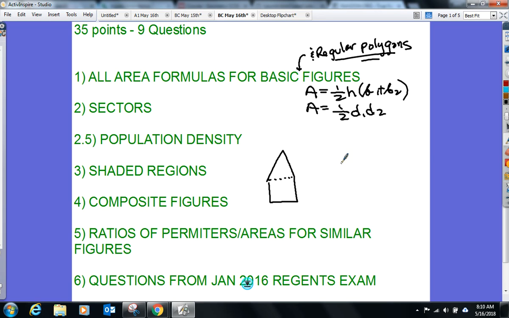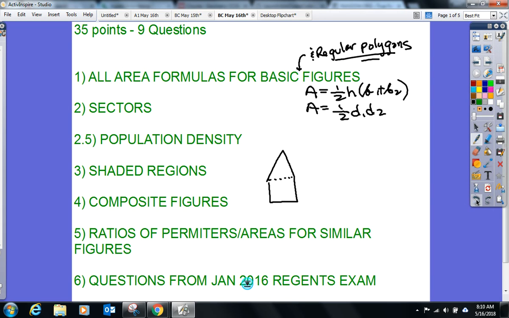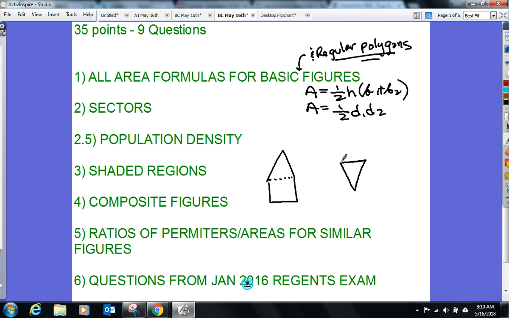Okay. Find the area of that ice cream cone, right? Semicircle, triangle, yep. And then ratios of perimeters and areas, that's what we did yesterday.